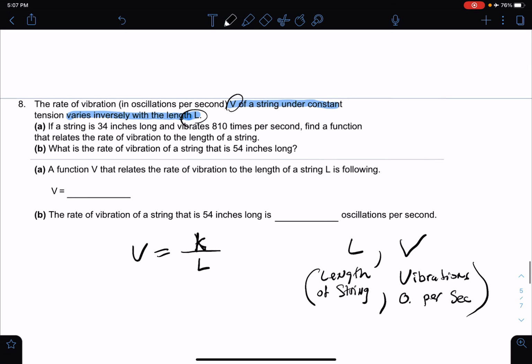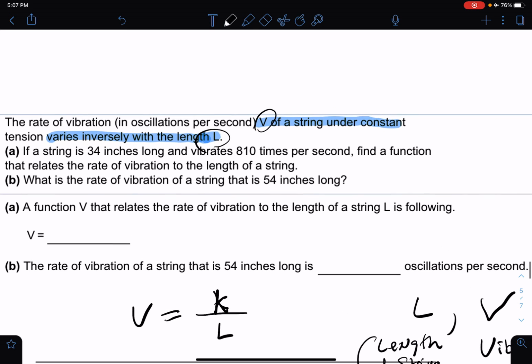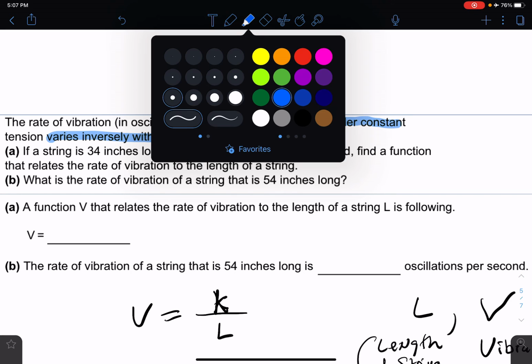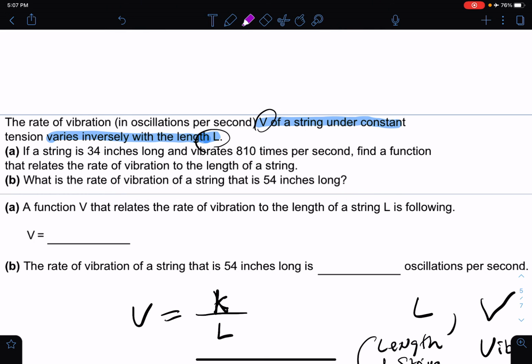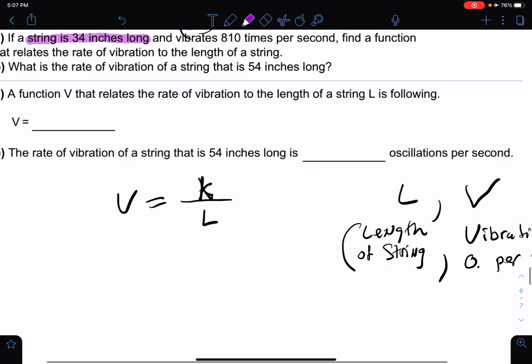Part A, right here. Part A says if a string is, and I'll use some color. I don't know what color I want to use. I'm changing colors up on this one. It says if a string is 34 inches long, well that's going to be L, right? So I'm going to go ahead and write that in, 34 inches long.